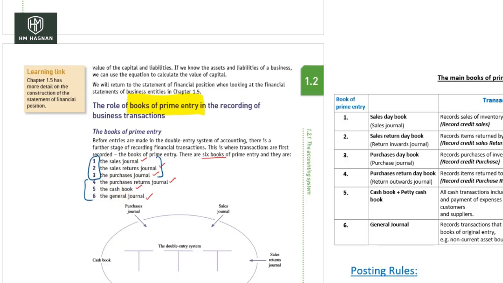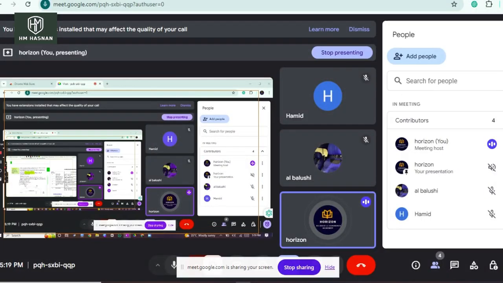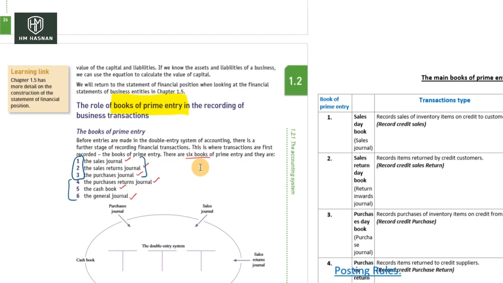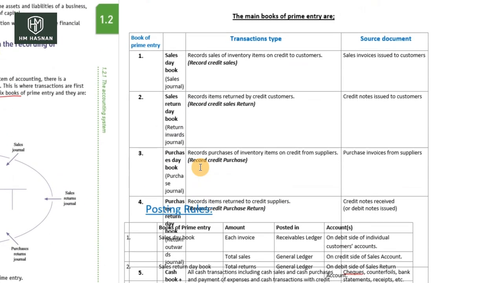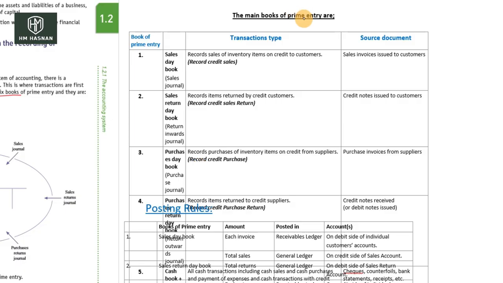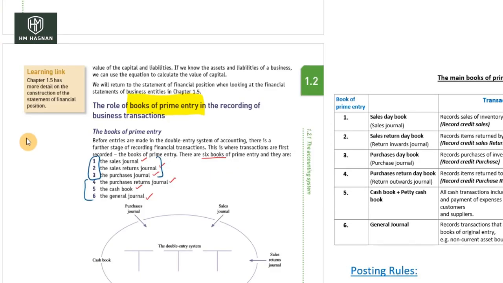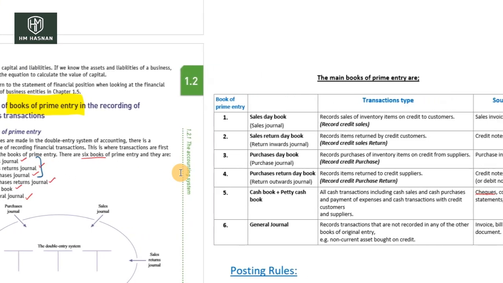Let me discuss more about the books of primary entry. Here is some summary related to books of primary entry. These books are also called main books of accounts. Generally we have 6 books of account.